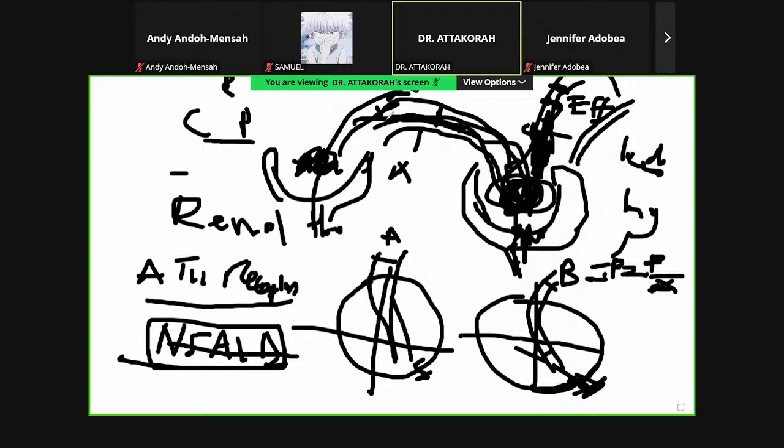So now the prostaglandins within the kidneys will try to dilate to ensure the renal flow. So when you inhibit the formation of prostaglandins, now it leads to what? Constriction. And that will reduce the renal flow.